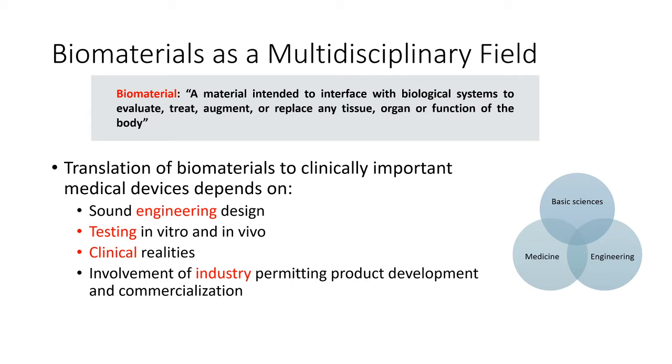And then the last point that makes biomaterials very clinically important is the involvement of industry permitting product development and commercialization. So there's the FDA waterfall that you have to go through, a lot of testing, a lot of documentation, as well as a lot of money that has to go into making a product to market. And that's the industry part. You need to almost have a company to be able to get a product to market.